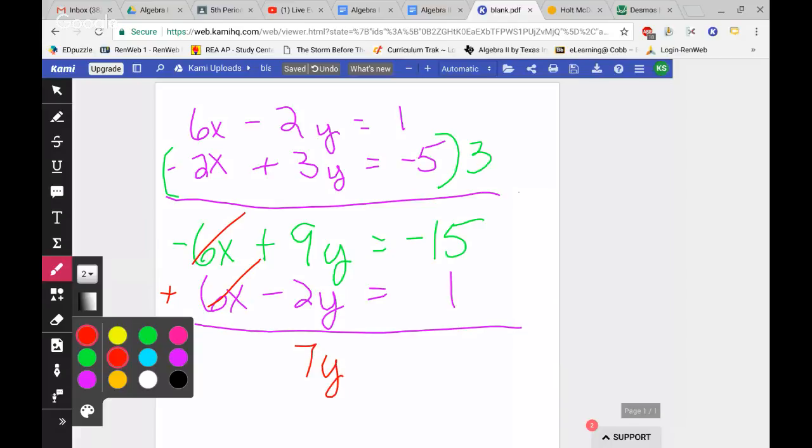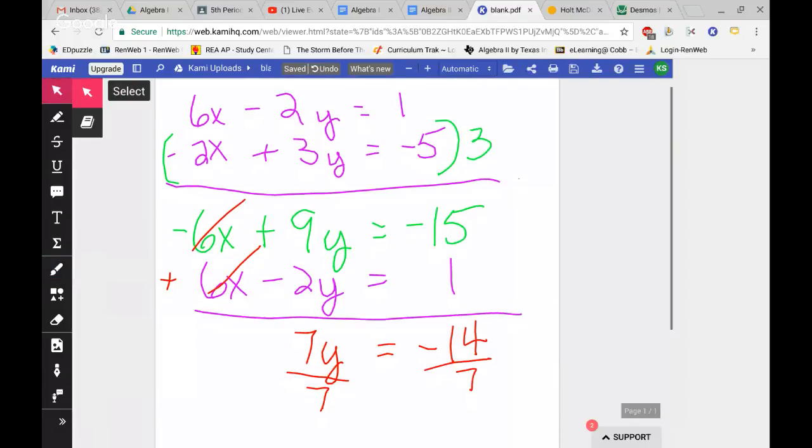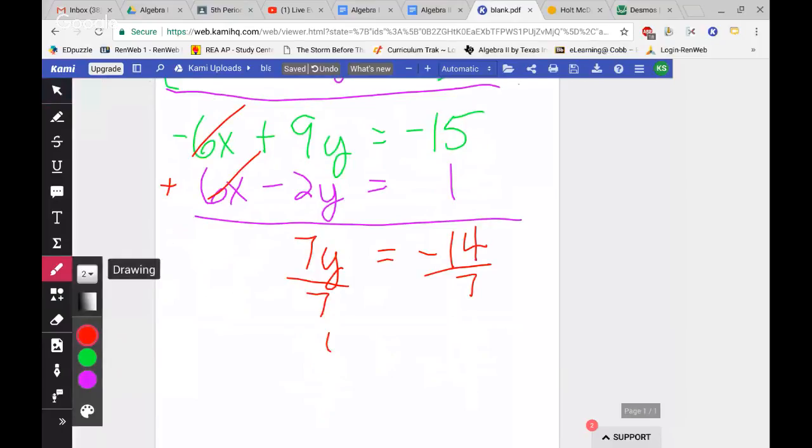And a -15 plus 1 gives me a -14. So now it's just the algebra like we've been doing. Divide both sides by 7. And that gives me y equals -2.